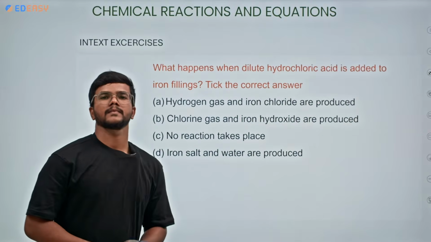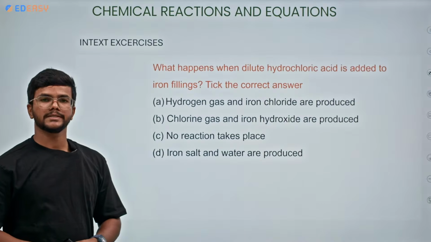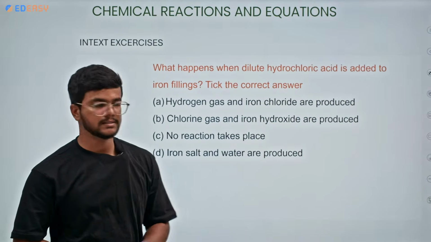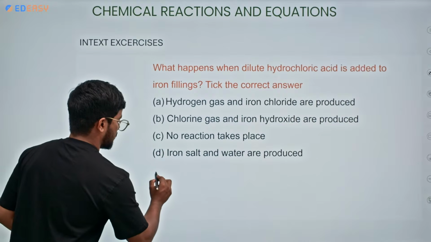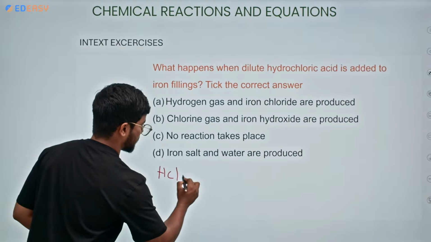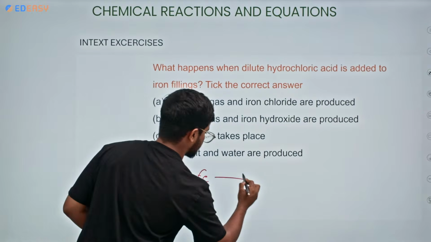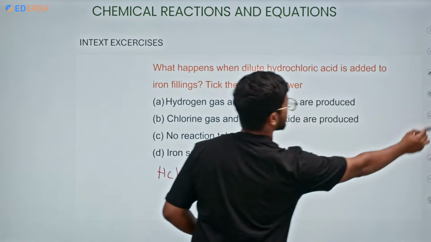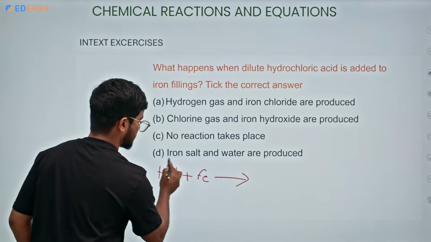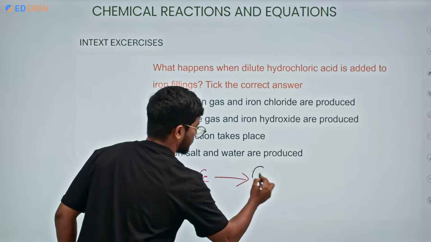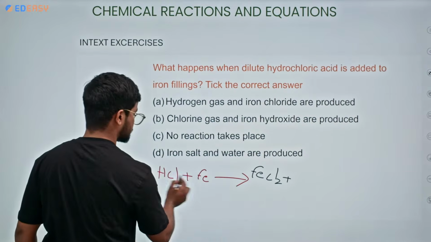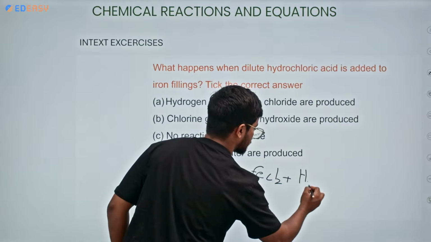Okay. Next, what happens when dilute hydrochloric acid is added to the iron filings? So dilute hydrochloric acid, HCl plus iron gives, iron displaces the hydrogen, it gives FeCl2 or FeCl3 plus hydrogen gas H2.